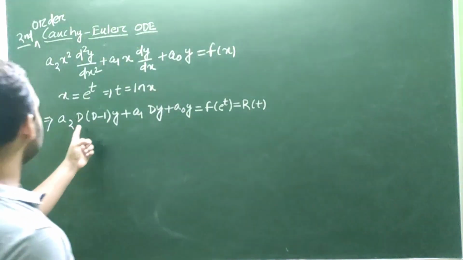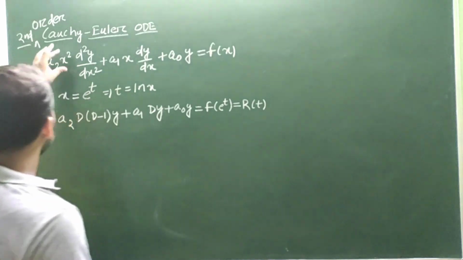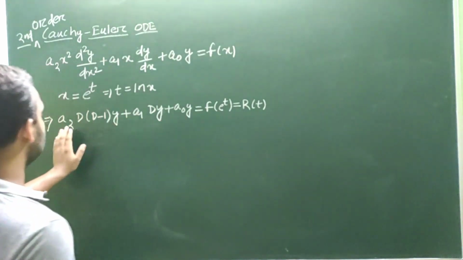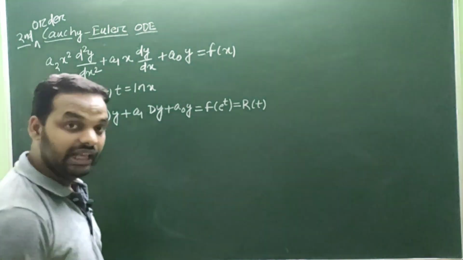Right? So if you see here, all these variable coefficients are reduced. There are no variable coefficients in this differential equation. There are only differentiation terms, d by dt.